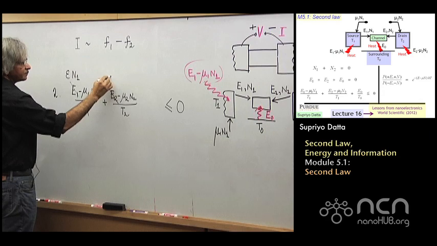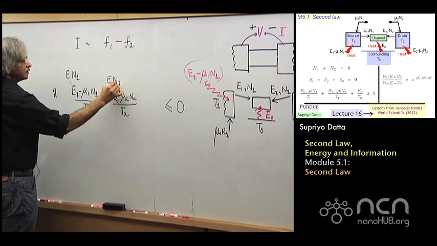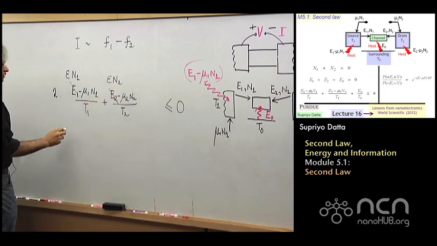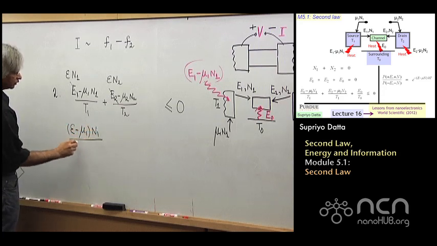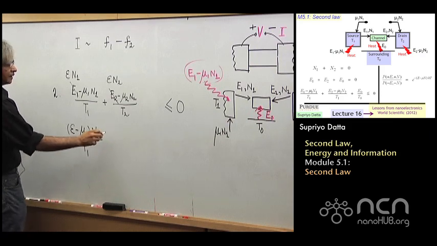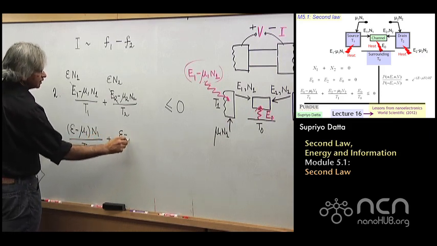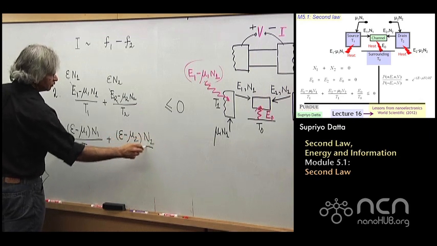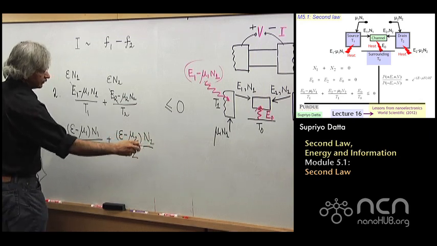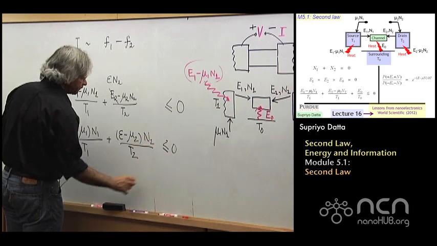Similarly, you could write this as epsilon n2. So what this says is epsilon minus mu1 times n1 over T1 plus epsilon minus mu2 times n2 over T2 is greater than or equal to 0.